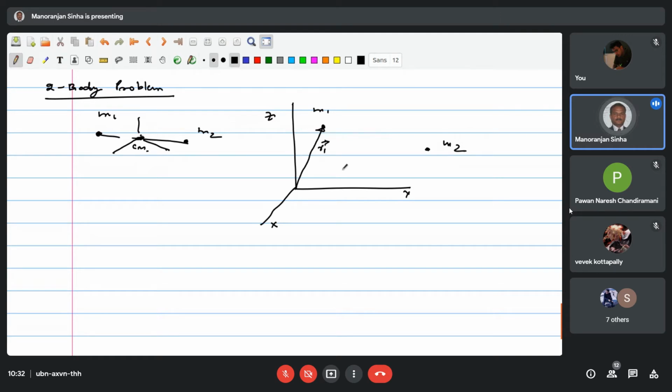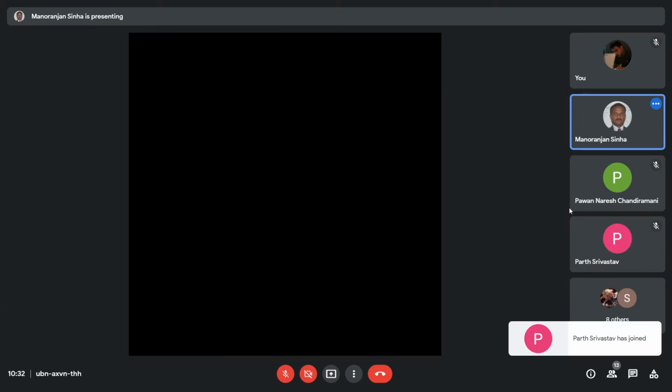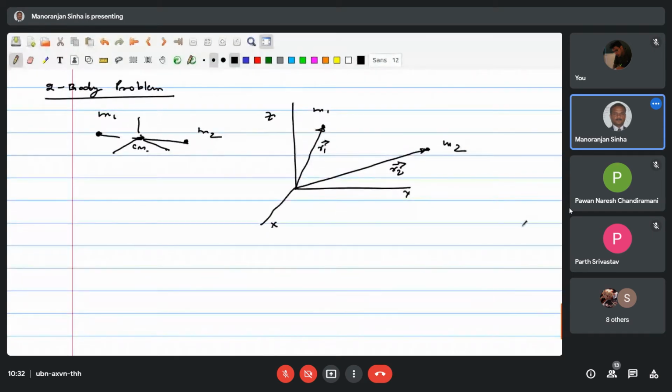This is the radius vector r1, the radius vector r2. Okay, and then we describe the motion of individual particles under mutual gravitational attraction.